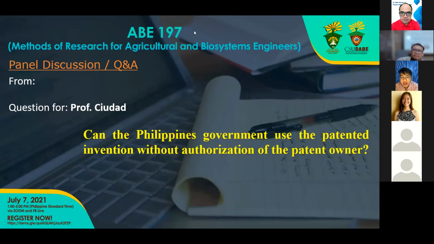Any branches of the government? So there is an individual who owns the patent, right? Then can anyone in the government use the patent without its authorization?